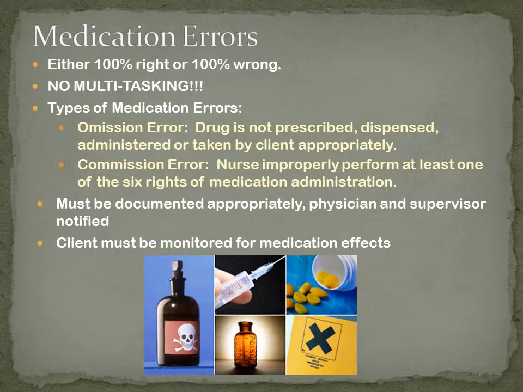Documentation is required when an error is made. Remember, never transcribe orders with a trailing zero, and a zero has to be placed prior to a decimal point. Remember also to review client allergies with ordered medications to make sure that you don't commit a medication error in that sense.